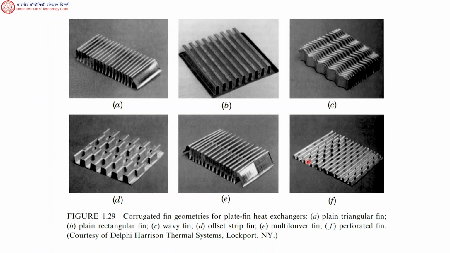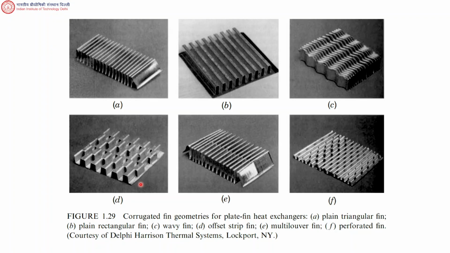So this is a plain triangular fin. This is plain rectangular fin. This is like a continuous thing, which is similar to what I had drawn a few minutes back. Okay. This is wavy fin. This is the offset strip fin that I'm talking about. Okay, so you can see that offset. This is a photograph. This is not a sketch, right?